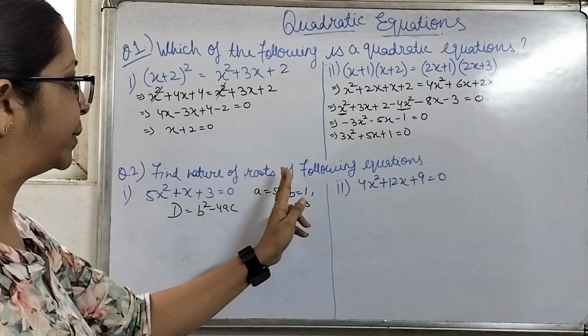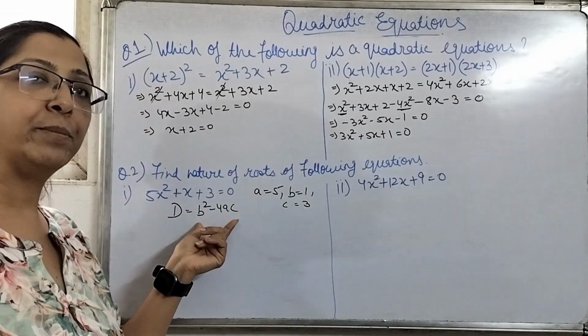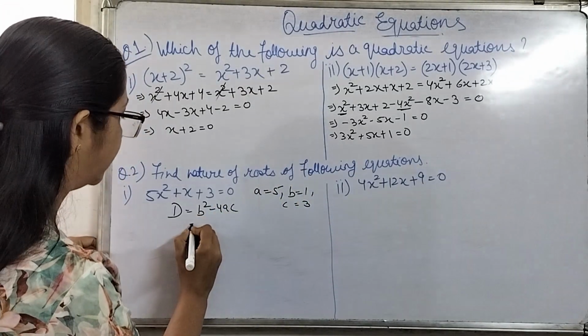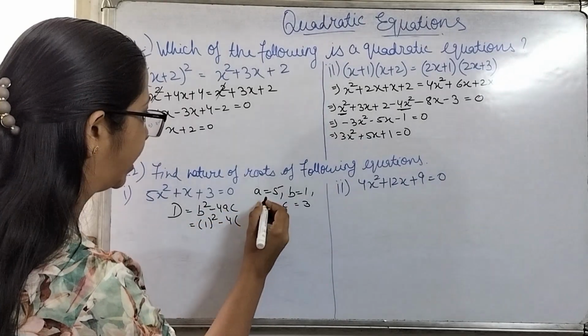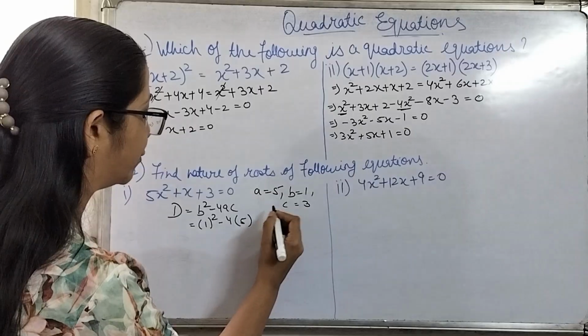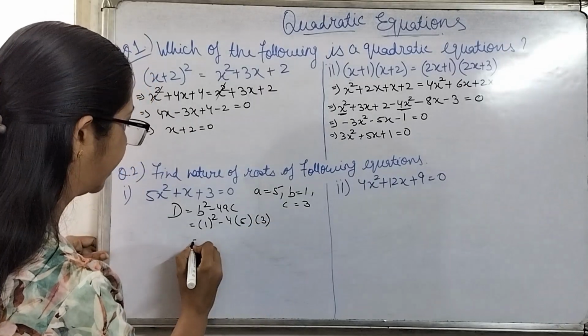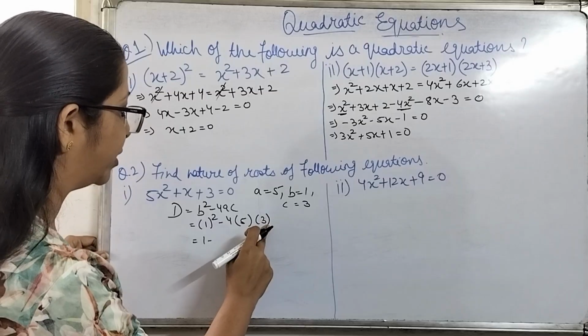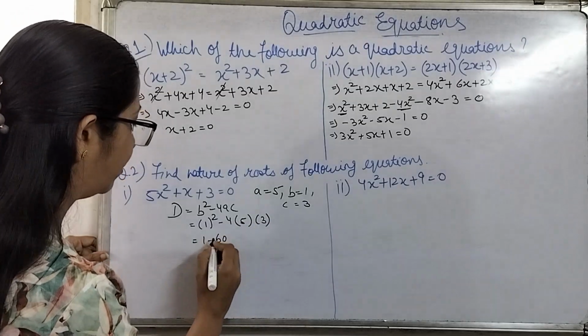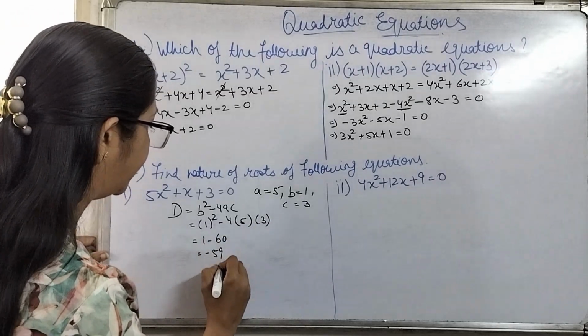Now if we put these values in b square minus 4ac, we get b square, that means 1 square, minus 4, where the value of a is 5 and the value of c is 3. That is 1 minus 4 times 5, which is 20, 20 into 3 is 60, and 1 minus 60 is minus 59.